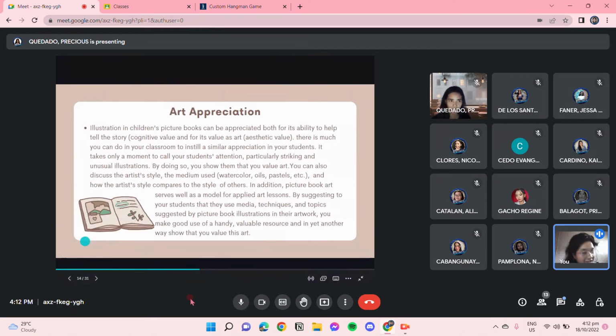Okay, this is my last topic, which is art appreciation. Illustration in children's picture books can be appreciated for its ability to help tell a story. As I've said earlier, illustration books or picture books are here for us to comprehend or to understand things.